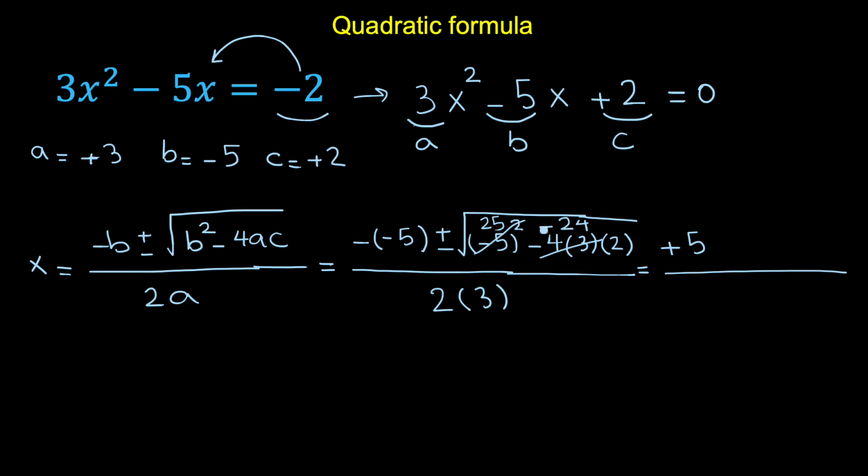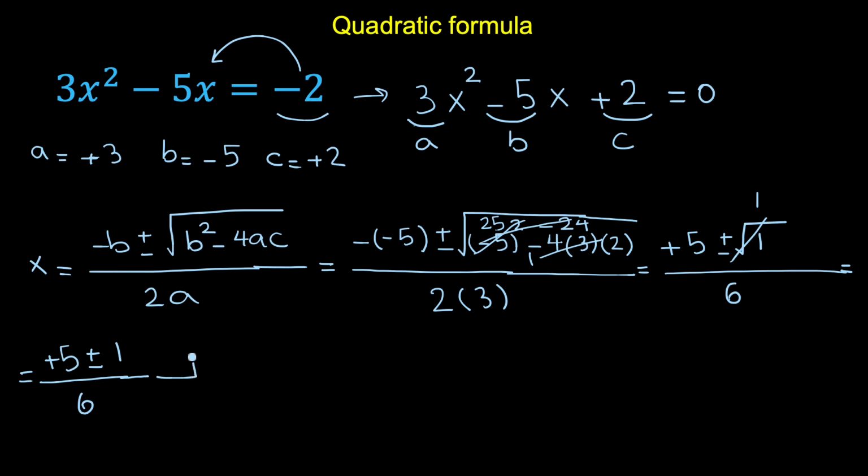So 25 minus 24 equals 1. So here we have plus or minus the square root of 1, divided by 2 times 3, which equals 6. And here we have +5 plus or minus the square root of 1, which is 1. So we have 1 here, and 6 for our denominator.